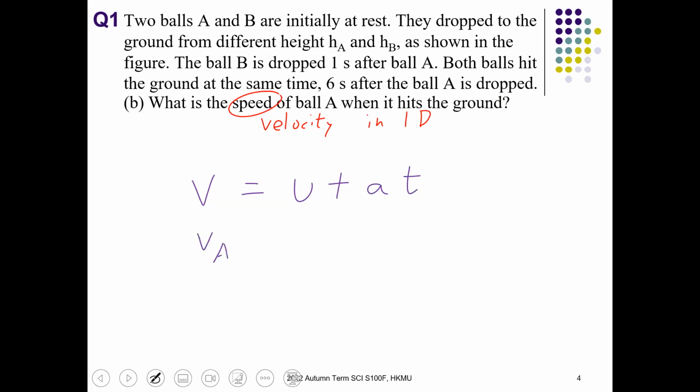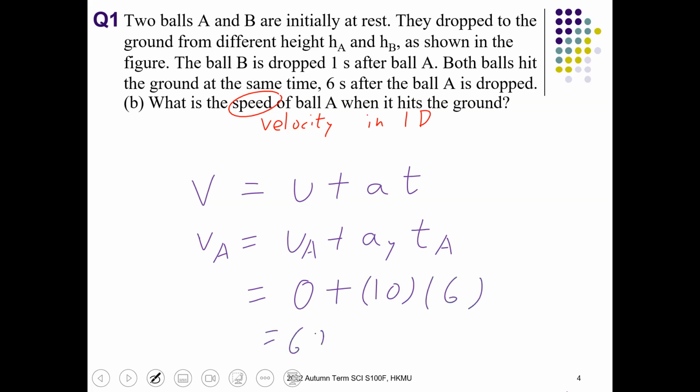Since this is for ball A, put down the appropriate subscript. Initially at rest means U equals 0. The acceleration is purely 10, due to gravity. T is just 6. The speed is 60 meters per second.